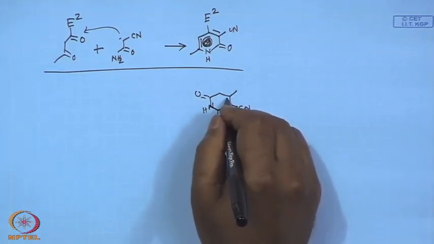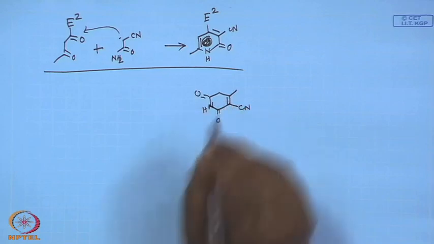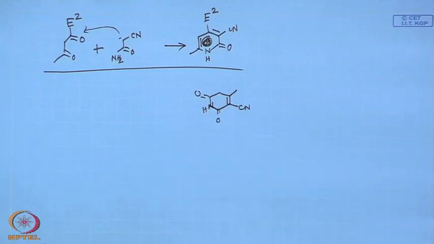I think this should be a double bond, right? How do you make this compound? So, what should be the starting material? The mode is the same, the 3 plus 3. Can you identify?